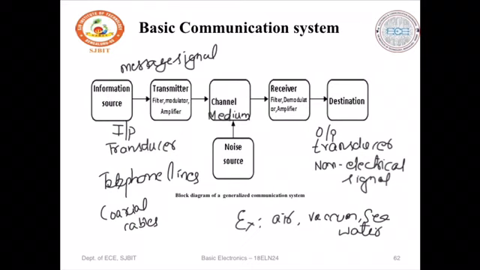Now, during the process of transmission and reception, the signal gets deteriorated due to superposition of noise onto it. There is a noise source that is added to the signal in the channel.